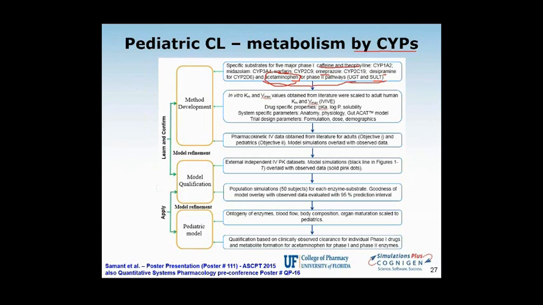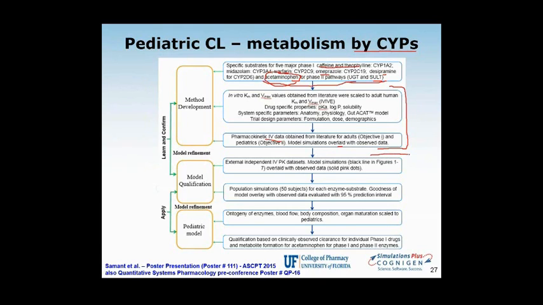And the model development was your typical model development, as what you would do, starting with the adults, taking some published studies to develop or to calibrate the model in adults against IV and oral data where available.